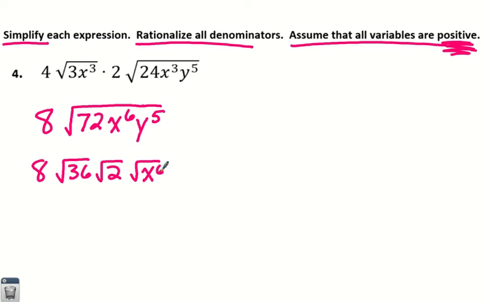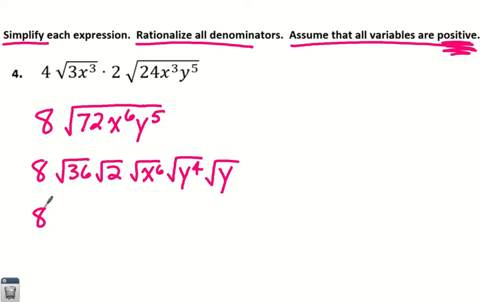Okay? Now, the square root of y to the fifth, I can't do that clean, but I can break off y to the fourth, which can be done, and that's going to leave y to the first trapped. So, here we go. I'll do one more baby step before the final answer.